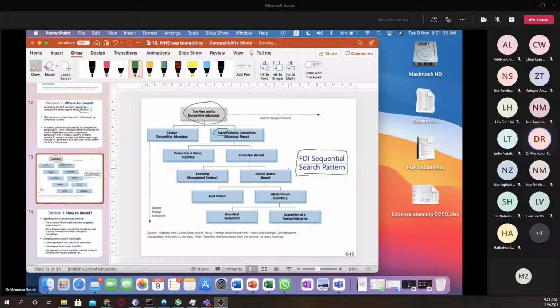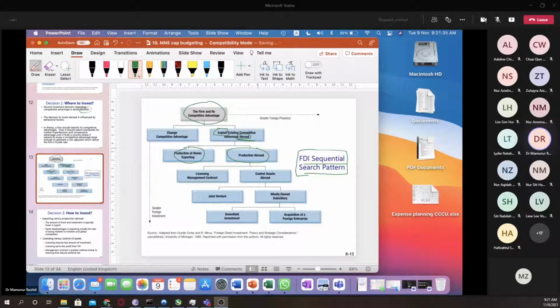You will decide whether you are going abroad. If you want to take this competitive advantage outside and use it to produce goods and services and sell to new consumers outside, you need to decide whether your production would be at home and you will export to the foreign country, or you will be producing outside.